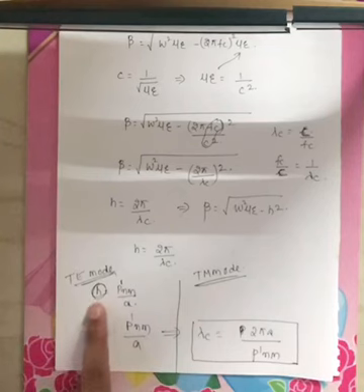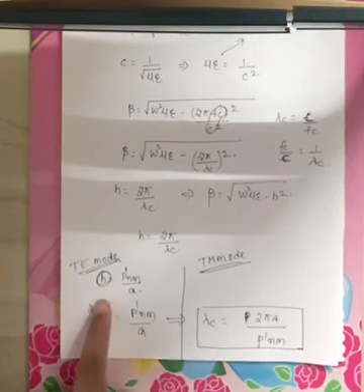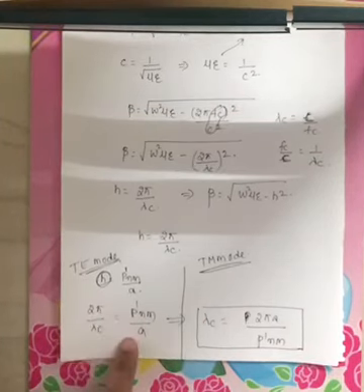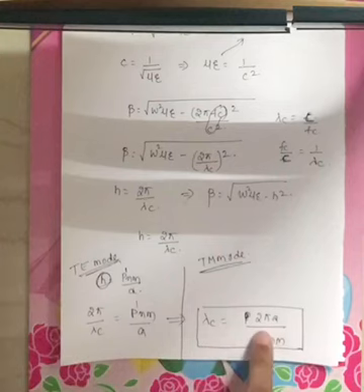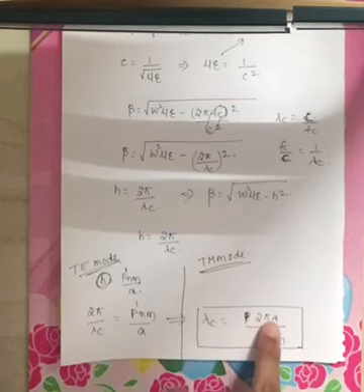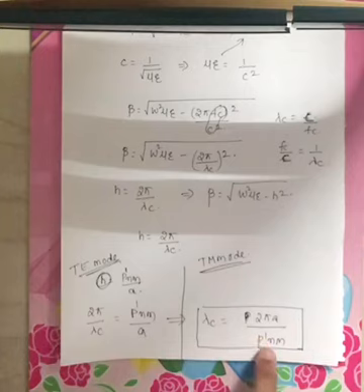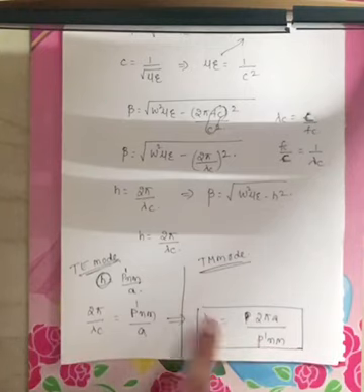What is the value of h? 2 pi by lambda c, which equals P dash nm by a. From this expression, the cutoff wavelength for TE mode of propagation equals 2 pi a by P dash nm, where a is the radius of the circular waveguide and P dash nm is the root of that particular mode of propagation under TE mode, right? Now coming to TM mode.